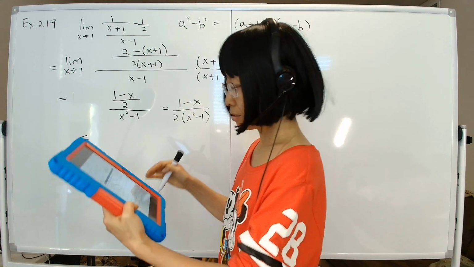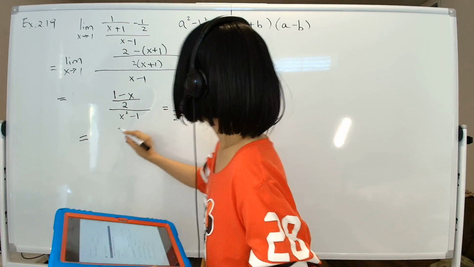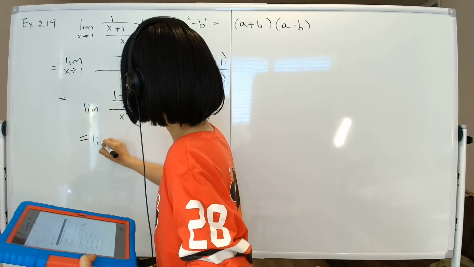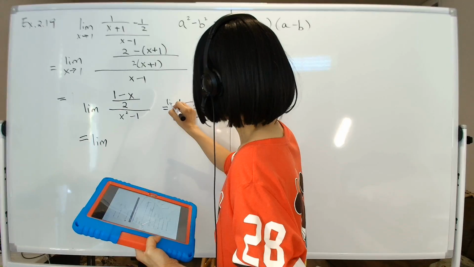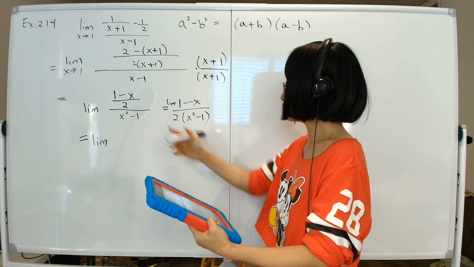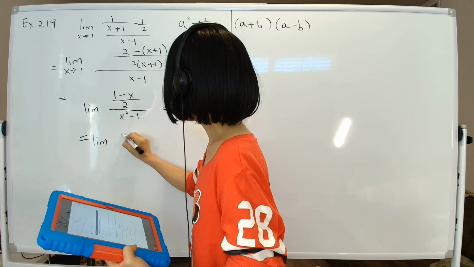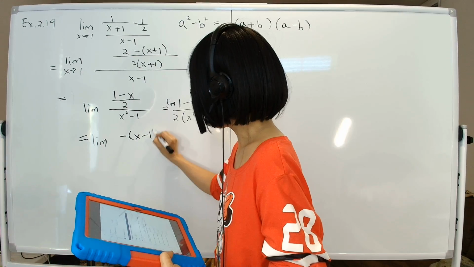So let's keep going. There's a limit here. Let's not forget the limit. Now we have gotten to here. Actually, there's no need to multiply it out. We'll keep it that way. 1 minus x is the same as negative of x minus 1.